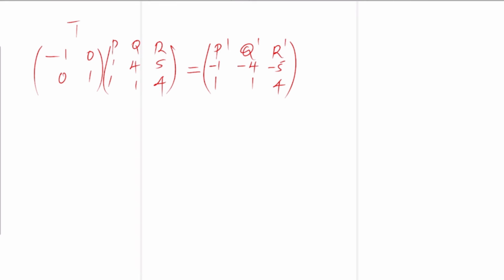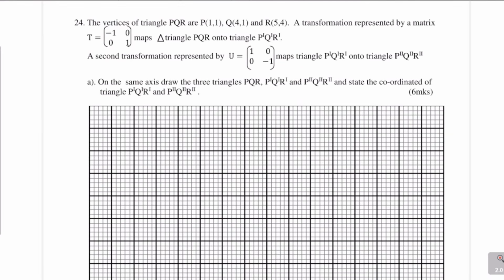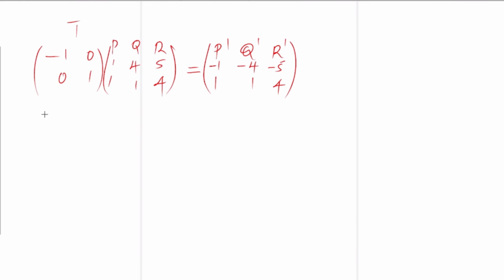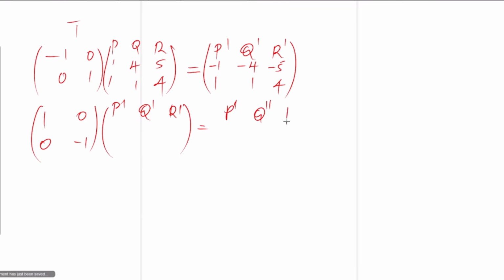Now, after getting that image, it is transformed again by the second transformation, which is U, 1, 0, 0, -1. These are P prime, Q prime, and R prime, and this is the one that will give P double prime, Q double prime, and R double prime.